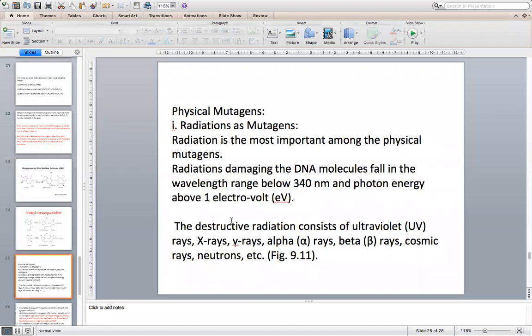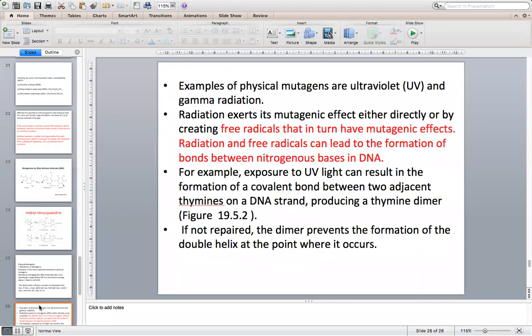They consist of UV rays, X-rays, alpha rays, gamma rays, cosmic rays, and neutrons. Good examples are UV and gamma radiation.